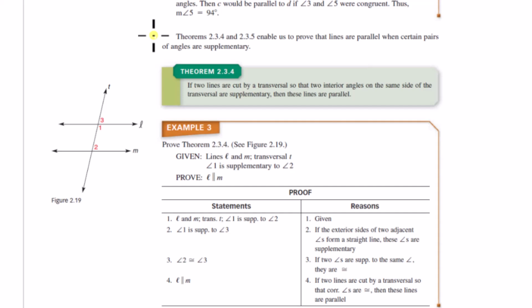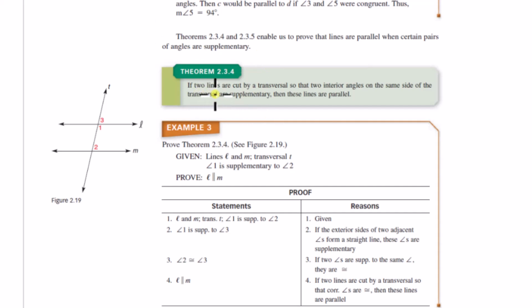So I'm assuming what these theorems are going to say is that if you can show that one pair of interior angles on the same side of the transversal are supplementary, or one pair of exterior angles on the same side of the transversal are supplementary, then the lines are parallel.